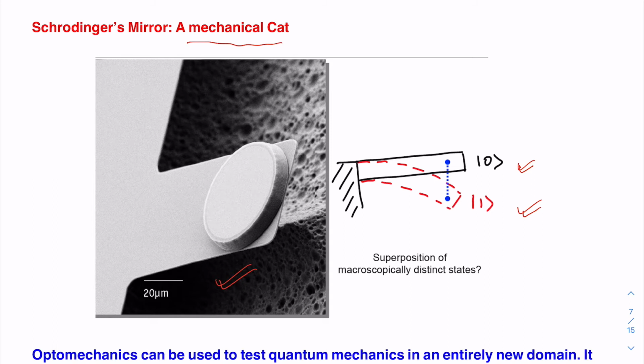Fortunately, thanks to optomechanics, we are today in a position to create such superposition states, and that may be tested in the laboratory. So that's the reason why understanding quantum mechanics in this new domain is getting a lot of interest nowadays.